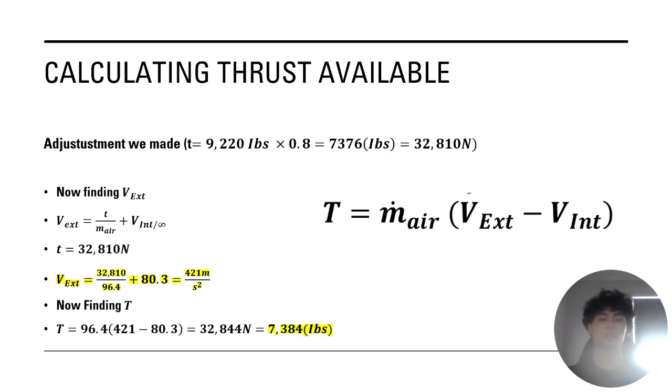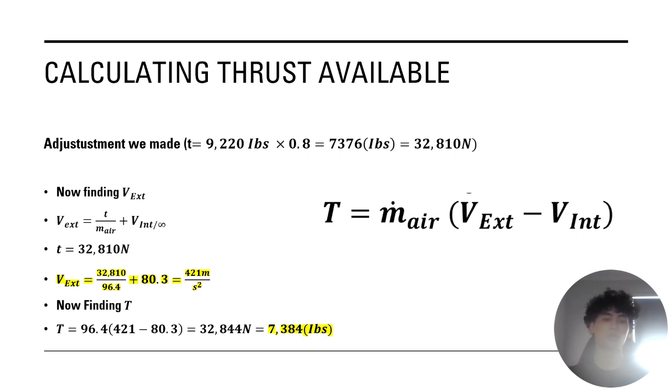Next, we need to calculate how much thrust is actually available at lift-off speed using the jet thrust equation. We took the published maximum thrust rating for the CRJ200's engine, which is 9,220 pounds at sea level. However, this value is the ideal rating and doesn't reflect real conditions during takeoff.